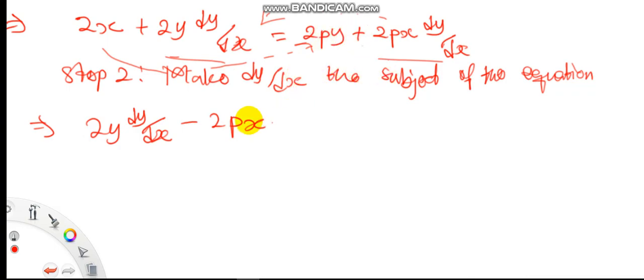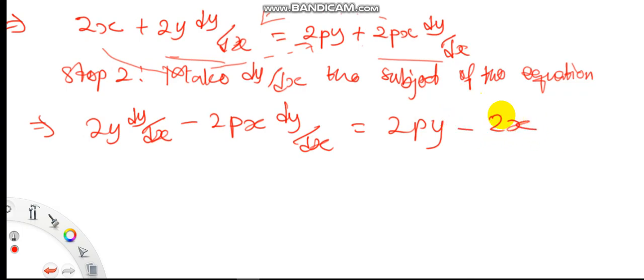Then 2px dy/dx is equal to, we already have 2py here, and then when plus 2x comes over, it changes to negative 2x. Again, what we are doing is subtracting 2x from both sides. So this cancels out, but we have the negative one on the other side.